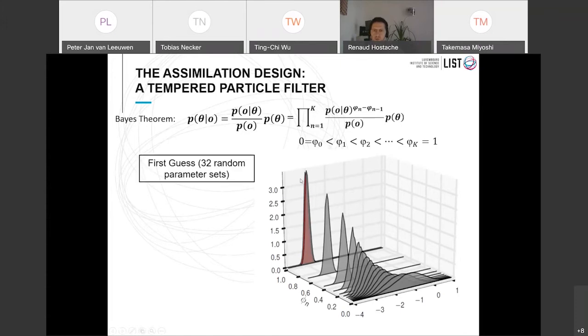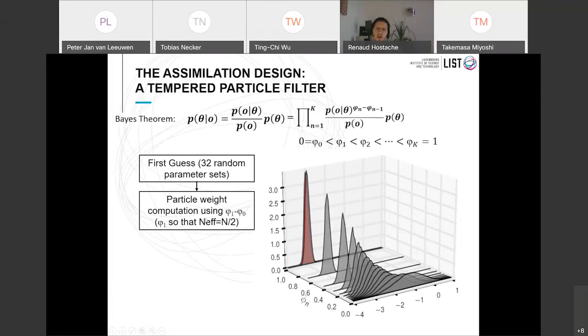So how does it work in practice? We make a first guess with 32 random parameter sets. We run the model, we assimilate the data, and then we get particle weights using the tempering factor. The tempering factor value is optimized so that after the assimilation we get an effective ensemble size equal to half of the ensemble size, so 16 in this case.